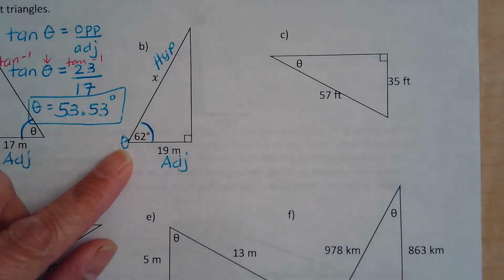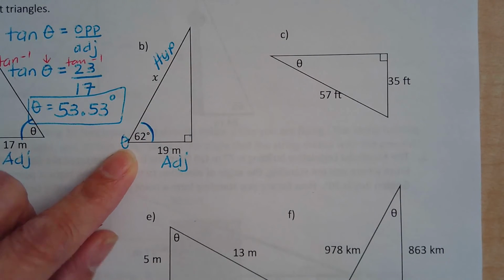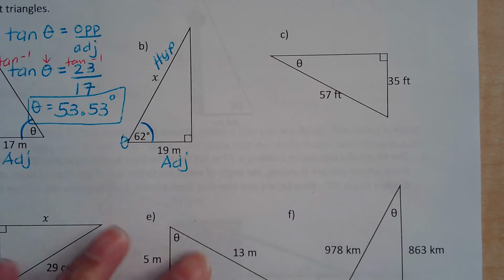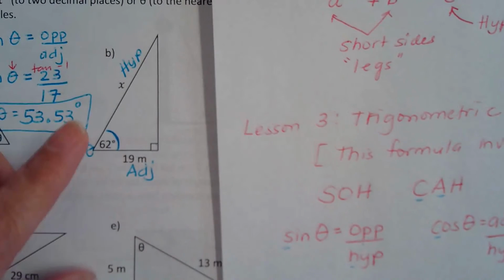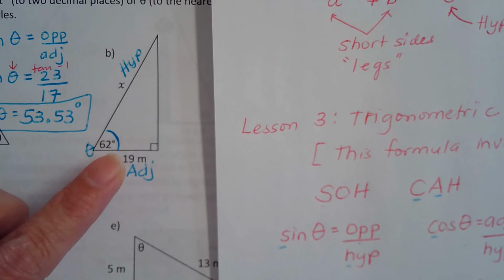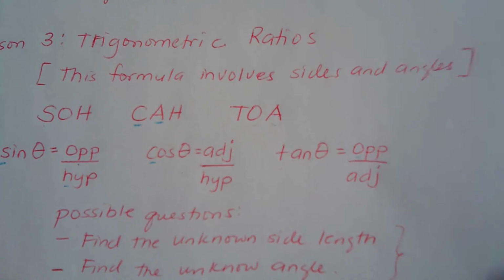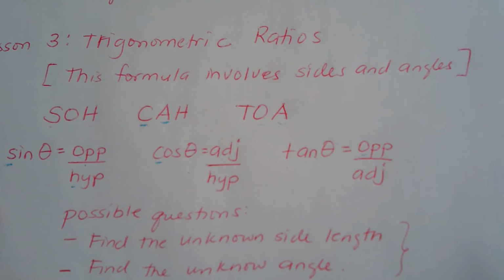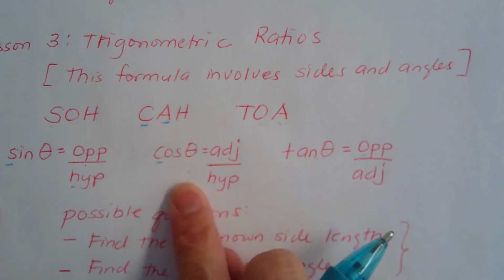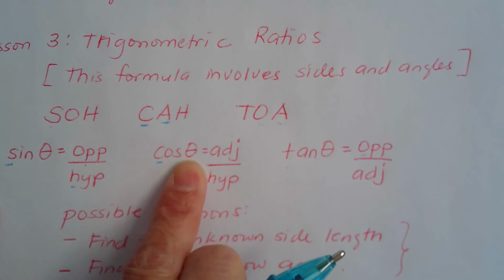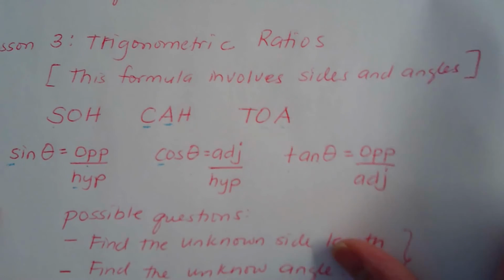Hypotenuse. Okay, so now let's take a look. Which of these trig ratios has theta, hypotenuse, and adjacent in it? So take a look at which one has the theta, hypotenuse, and adjacent. Cosine, right? Cosine has a theta, adjacent, and hypotenuse. So cosine.